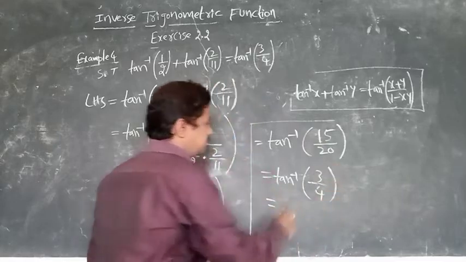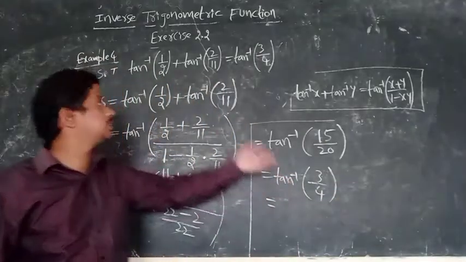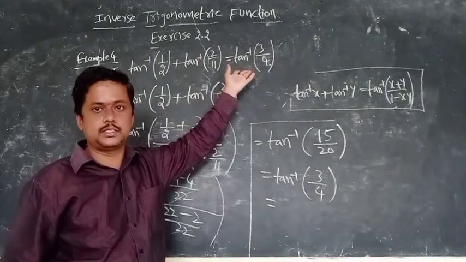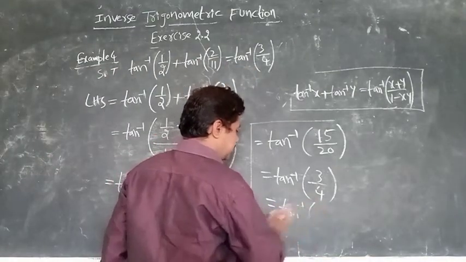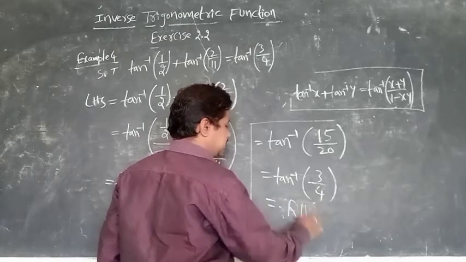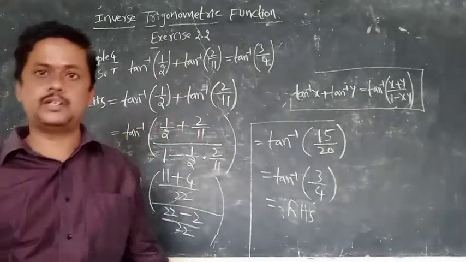So this is nothing but tan inverse of 3 by 4, which is the RHS. Like that we have to prove.